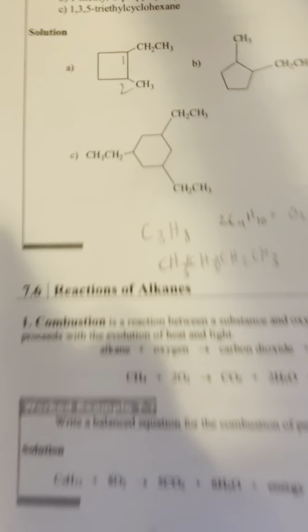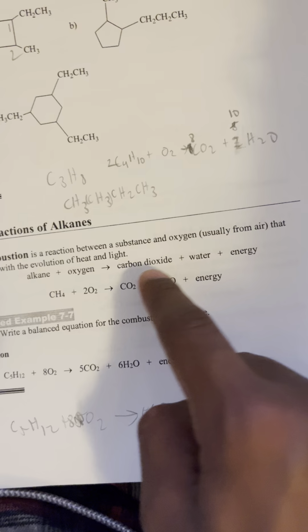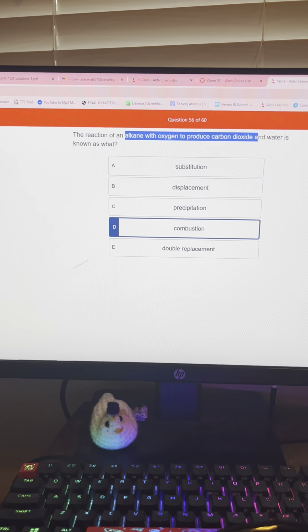Okay, here they are. So reactions of alkanes. We have a combustion reaction, and a halogenation. This doesn't produce carbon dioxide and water. A combustion reaction does, carbon dioxide and water. So this is a combustion reaction.